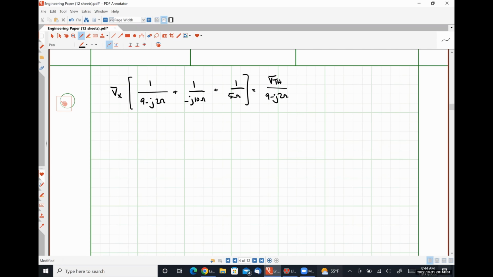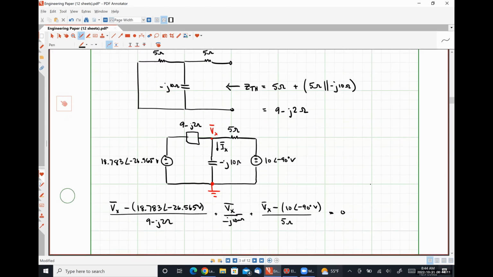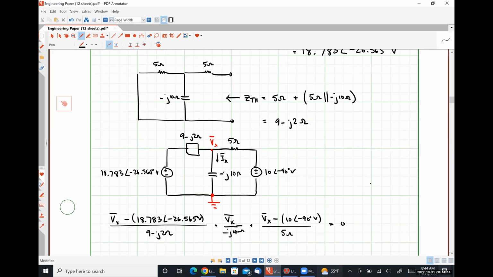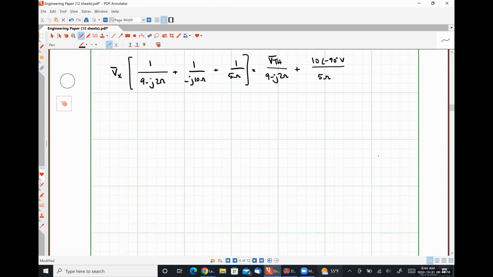And then I want to say it's going to be plus 10 angle negative 90 degrees volts over 5 ohms. Let me just double check that. So the minus sign, yep, all that seems legit.